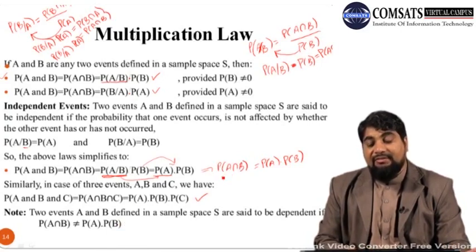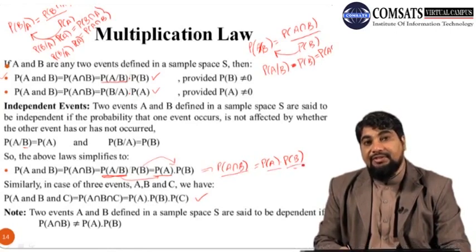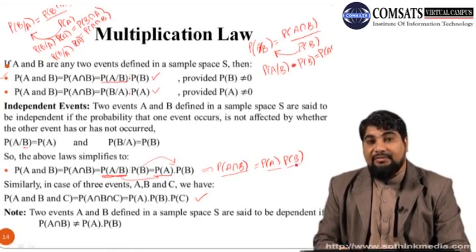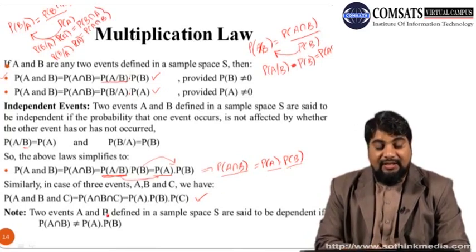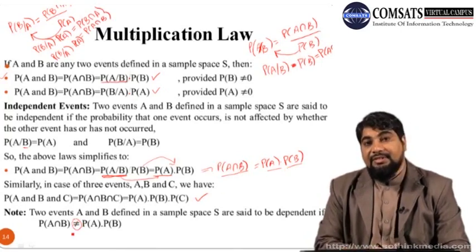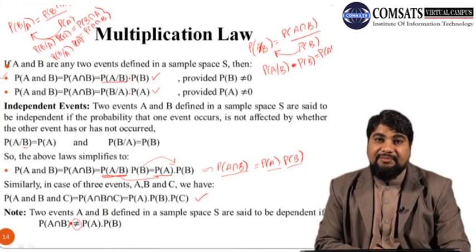If P of A intersection B is equal to the product of the individual probabilities P of A times P of B, then we say that events are independent, and if they are not equal, it means they are dependent events.